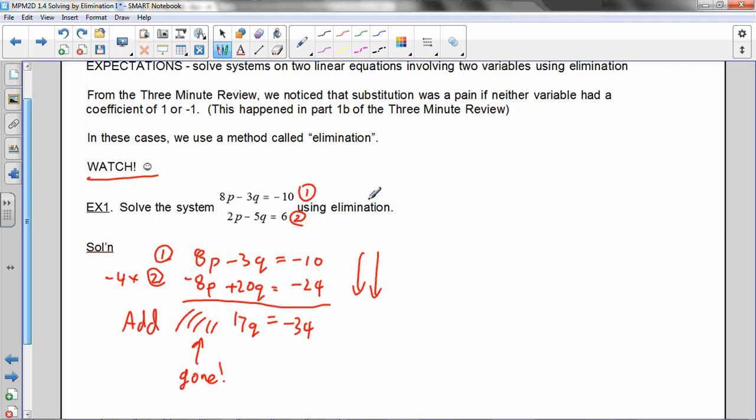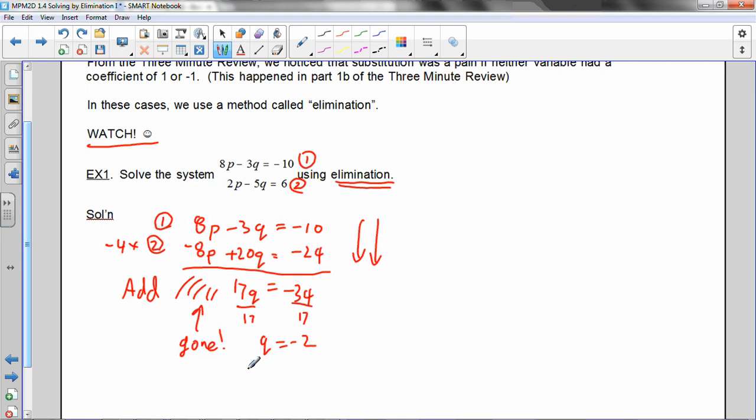This disappearing is us eliminating one of the variables, and that's the whole plan, to eliminate one of the variables, in this case p. Now notice we still got work to do, right? I still have to divide both sides by 17, and I get q equals -2, and I'd substitute back, and then the rest is the same as substitution.